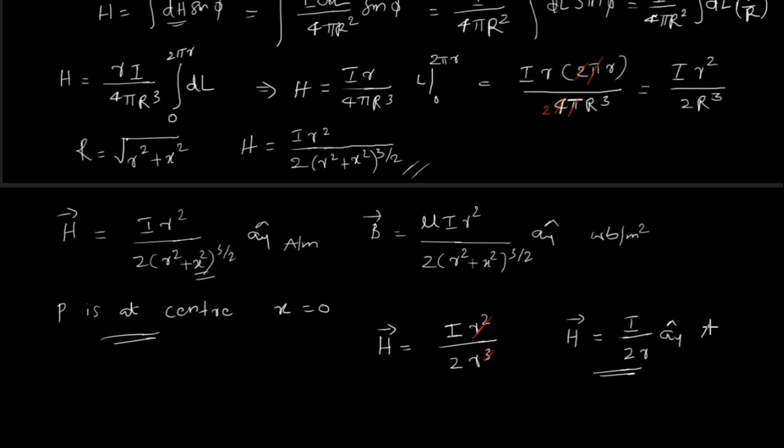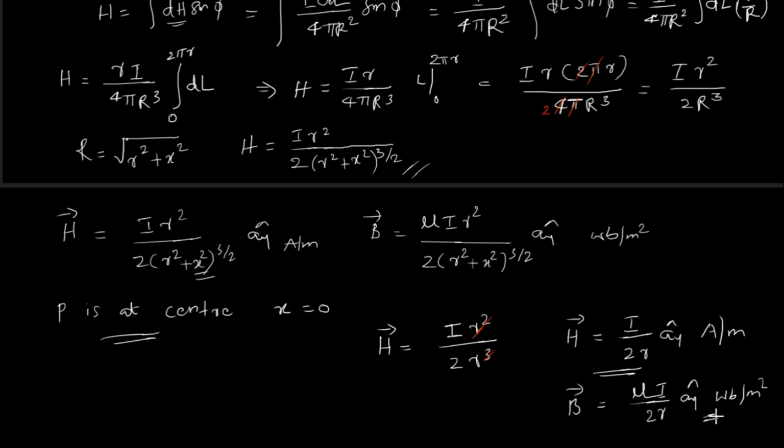So this much ampere per meter, and what will be my B vector? Flux density will be mu times this. So this will be mu I divided by 2R a_y cap Weber per meter square.